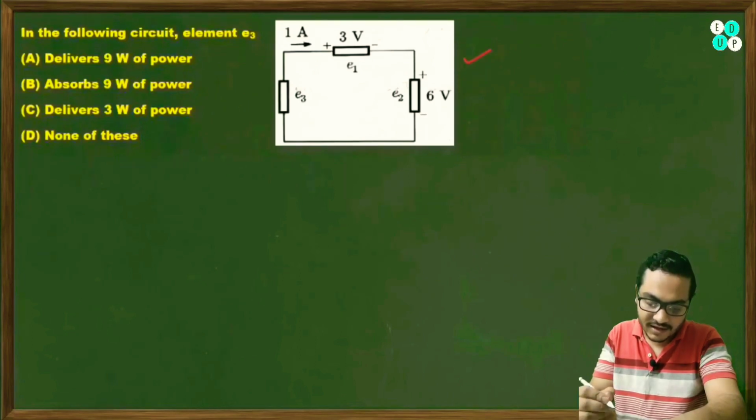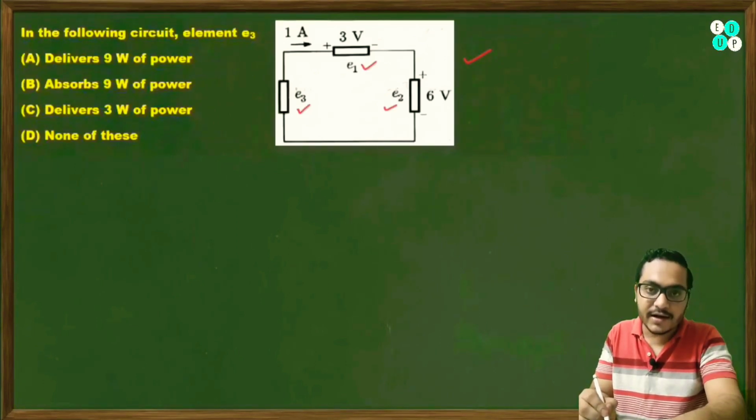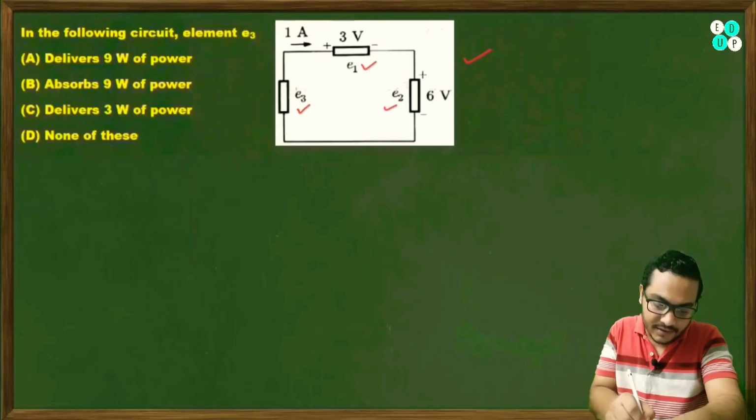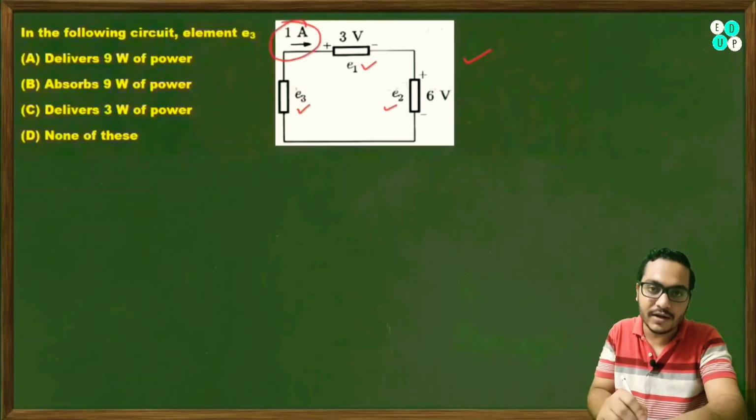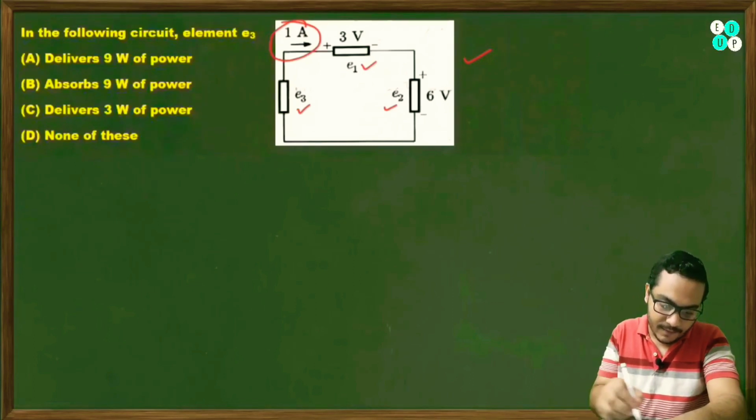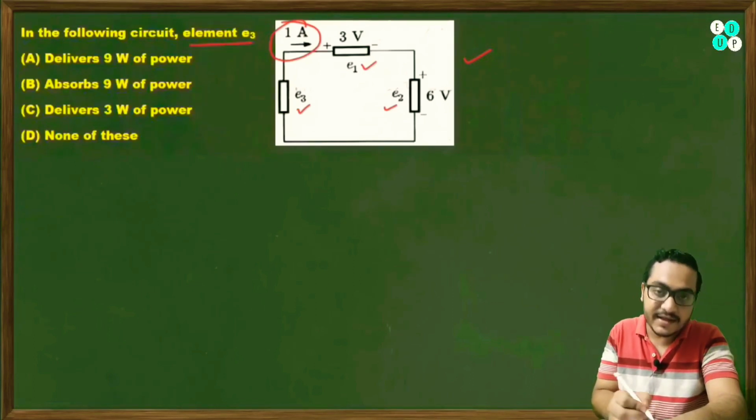Here three elements are connected in series, that is E1, E2 and E3, and the current is given as 1 ampere, that is 1 ampere is flowing through all the elements as they are connected in series. Now we have to tell the nature of power and the magnitude of power by the element E3.